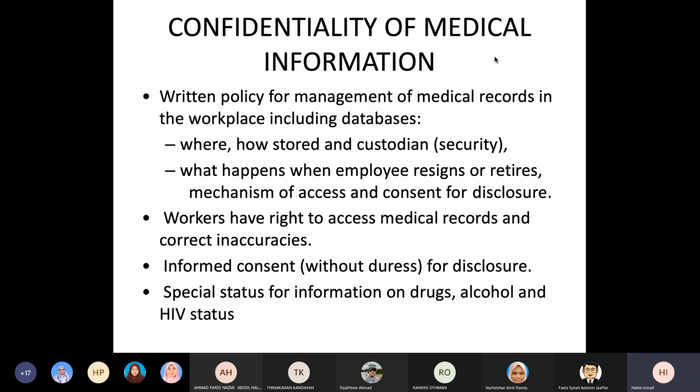Okay, say for example, especially in the human resource department, they have all the medical records of the employees, right? So they need to have a proper policy for managing this confidential information of their employees. What happens when the employee resigns or retires, in terms of the mechanism of access and consent for disclosure of this information? So it needs to have a written policy.